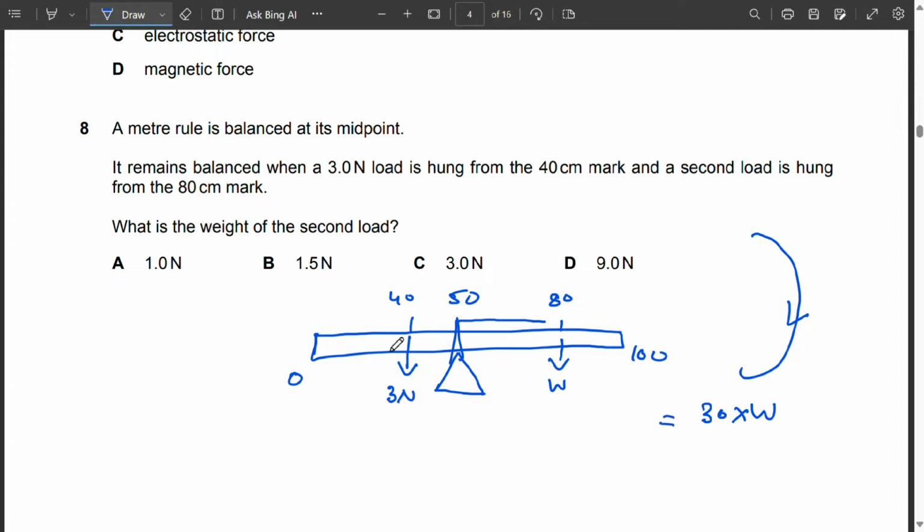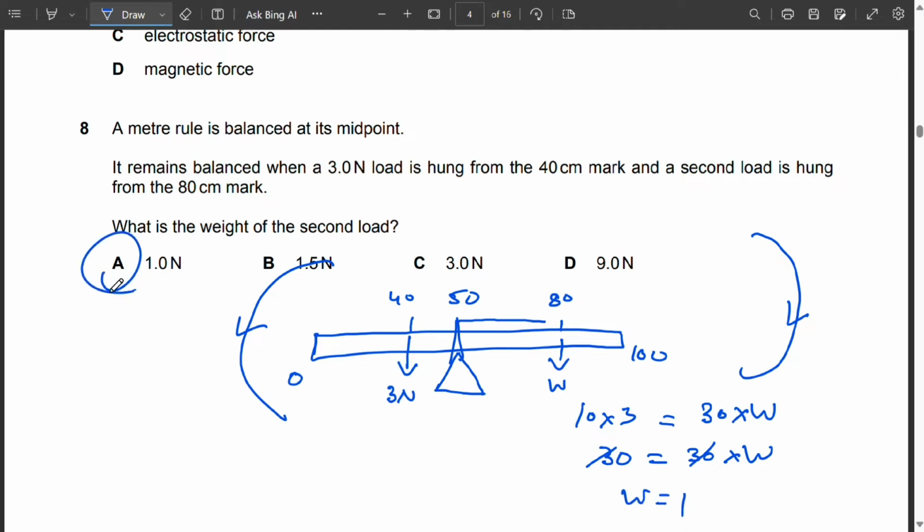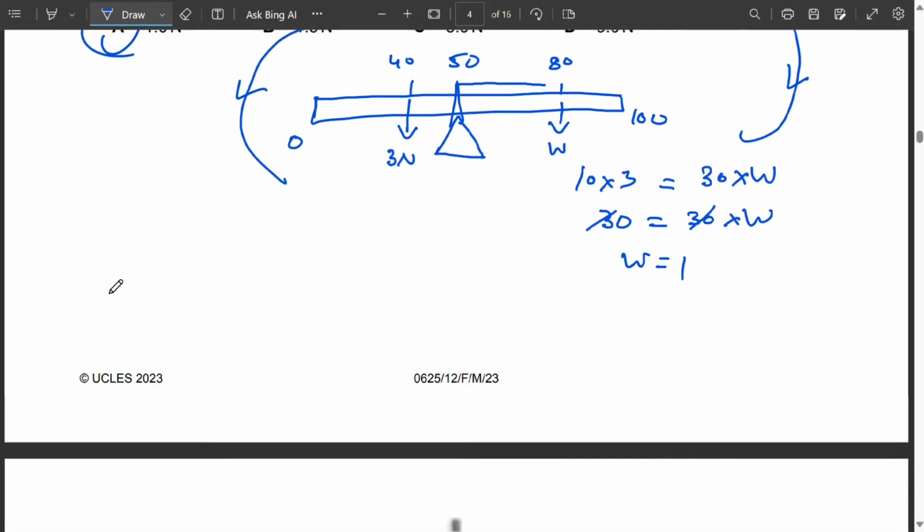This should equal the anti-clockwise moment, which tends to move in this direction. So this will be 10 into 3. So this is 30 and this is 30 into W. 30 cancels, W equals 1. So A is the correct option.